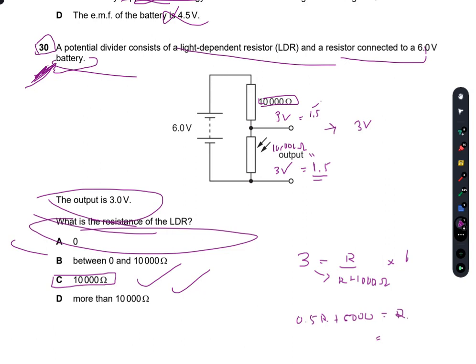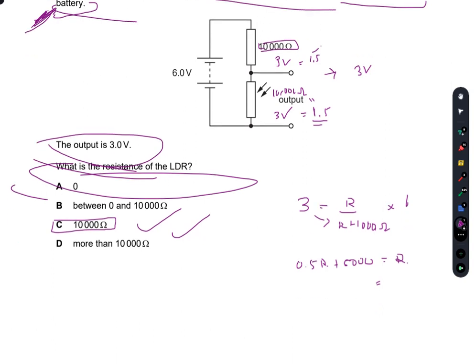I think there is a mistake here. So let me do this once again. So I'm doing it right actually. So 0.5 R, and this R is 1, so I subtract 0.5 R here and this 5,000 remains here.